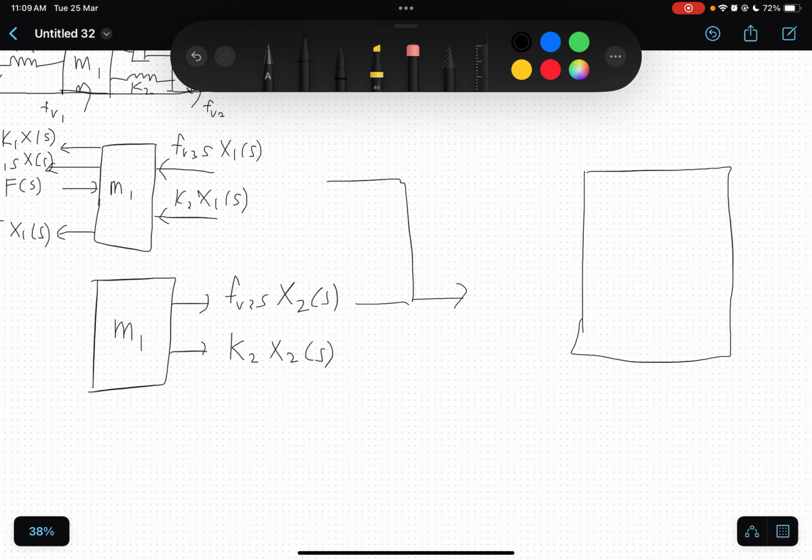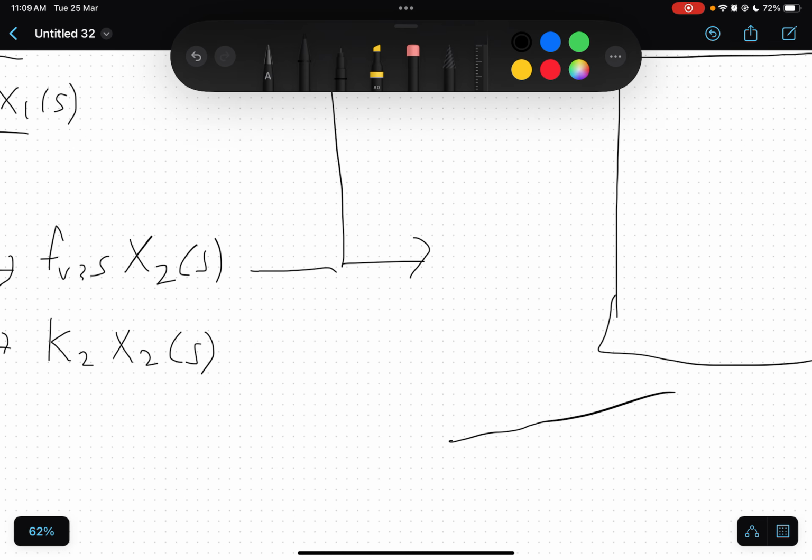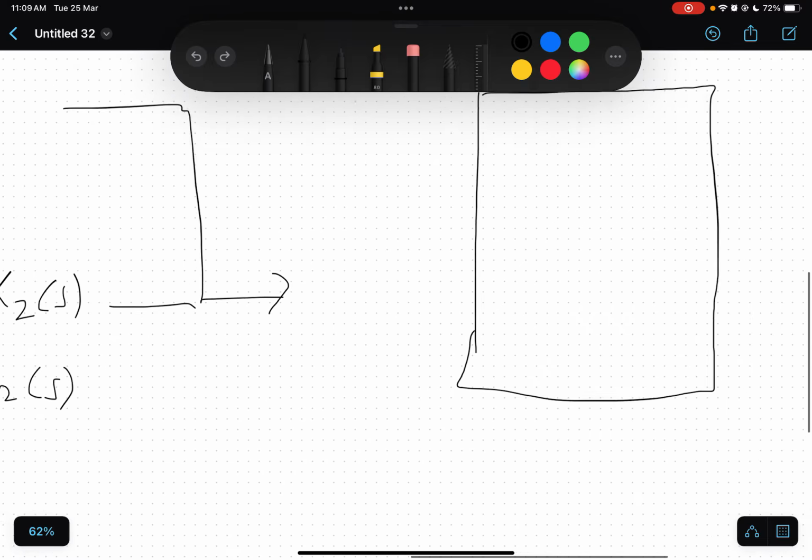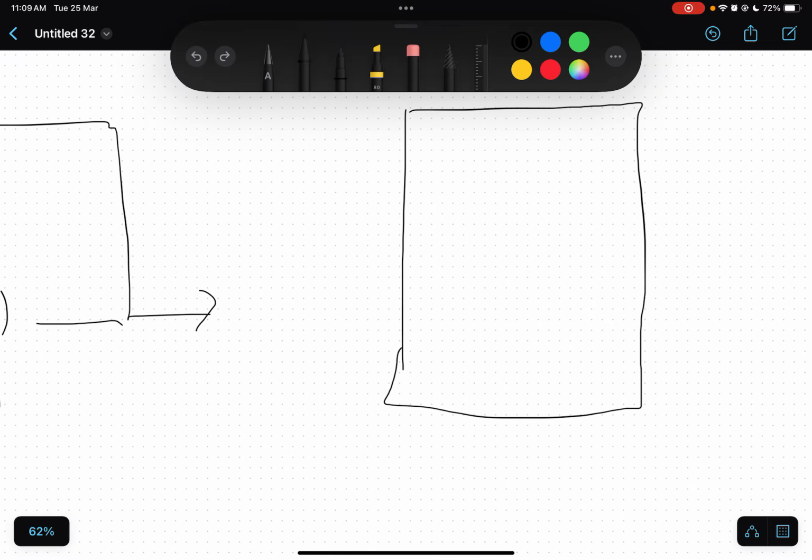So this is where you write all of the forces that are acting on it. So just combine all of them. So you have K1, K2, X1S.